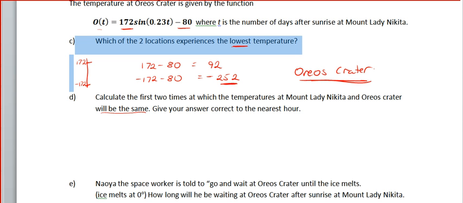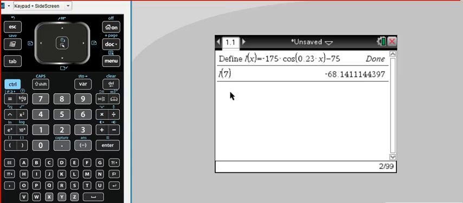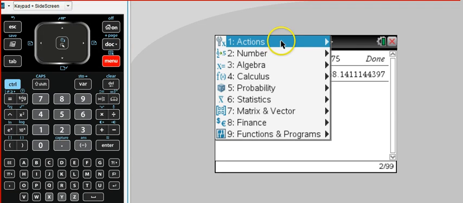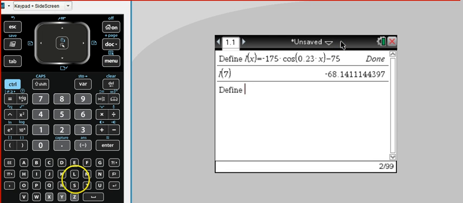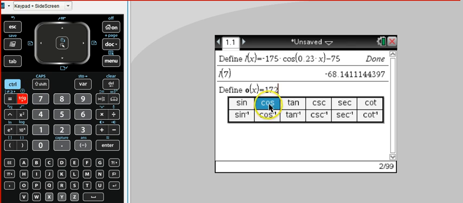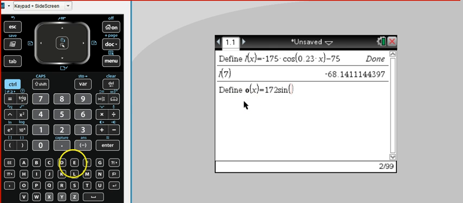So I'm going to hop on the calculator and I'm going to define the Oreo's crater rule first. So O of x is equal to, what was it, 172 sine of 0.23x minus 80.